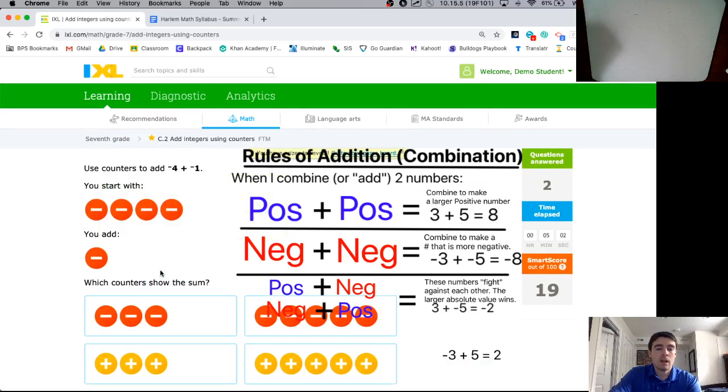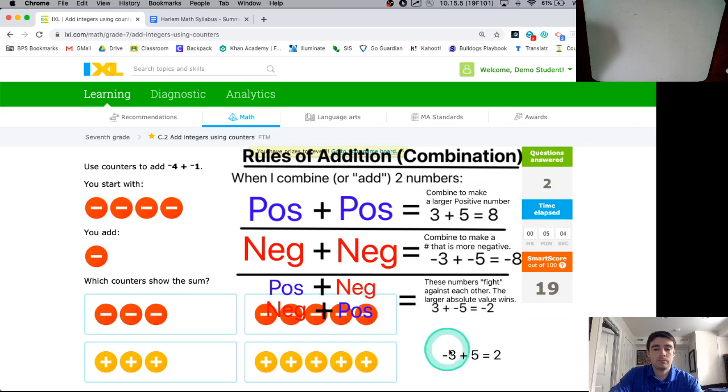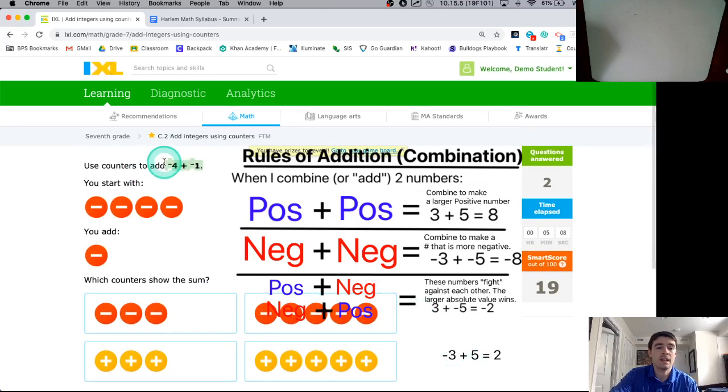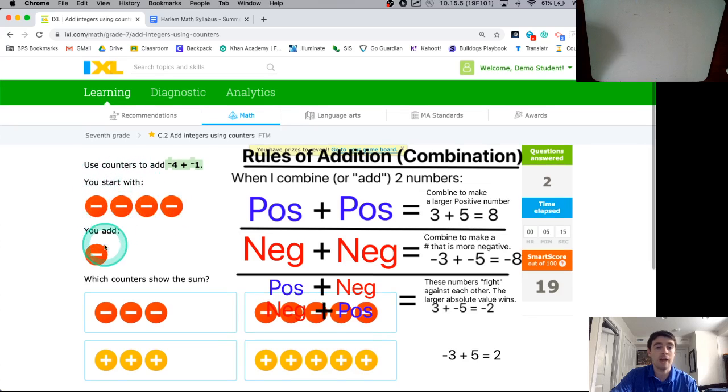Here's our next example. It says use counters to add -4 plus -1. They say you start with -4 and then you add another red one, another -1. This is like combining two negative numbers.